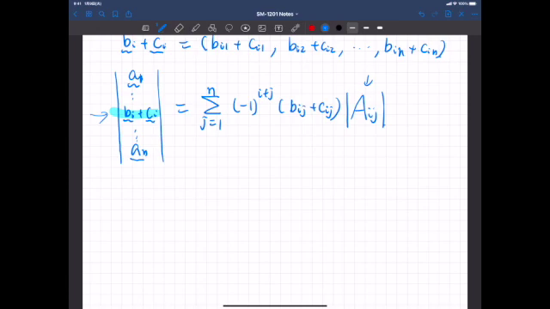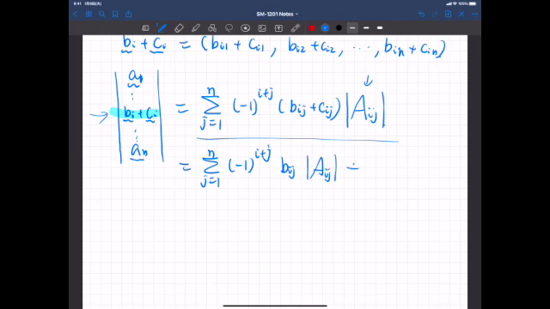Okay, but this is just a multiplication and addition of real numbers, so we can just split using the distributive law. So this is just the sum of (-1)^(i+j) b_ij times det A_ij, plus the sum of (-1)^(i+j) c_ij times det A_ij.